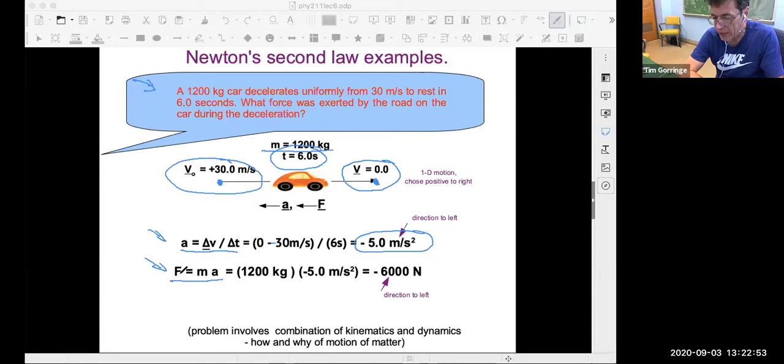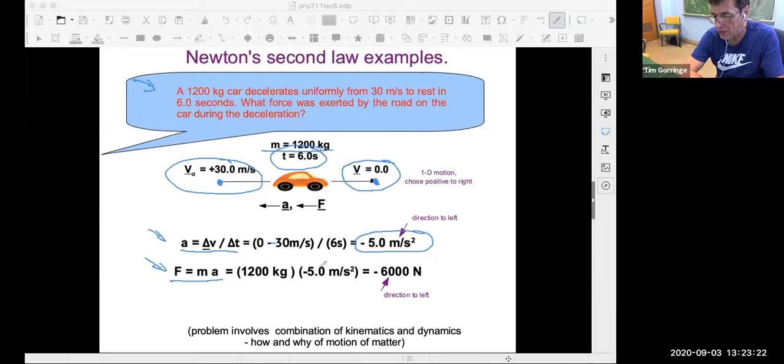Now I can calculate the force, which is also a vector. The force that was needed to cause that deceleration is given by Newton's second law. Remember, acceleration is force over mass, or force equals mass times acceleration. In fact, this is the way you most often see Newton's second law, rather than A equals F over M. Anyway, the mass I know, I stick in the mass, 1,200 kilograms.